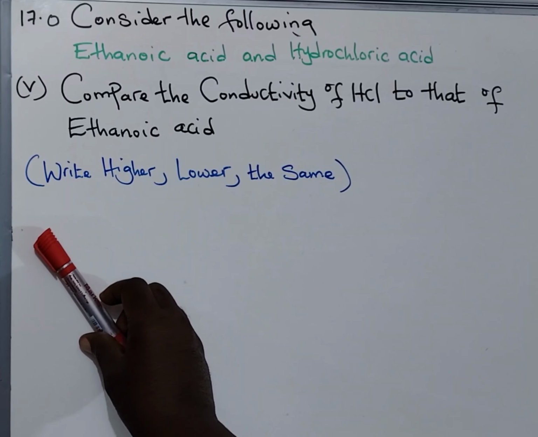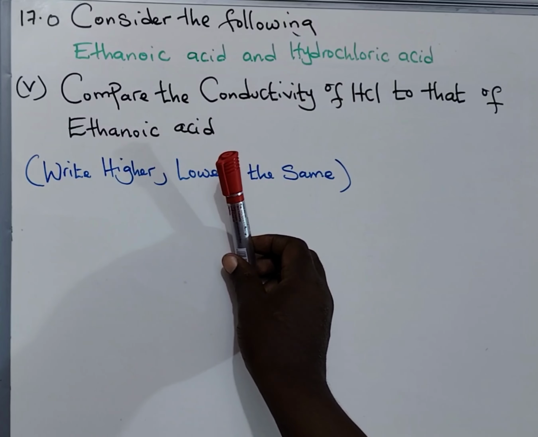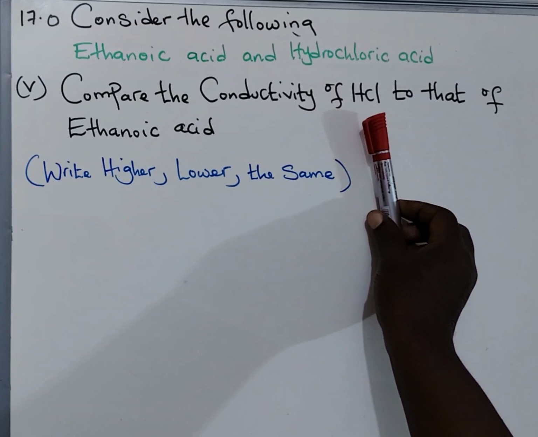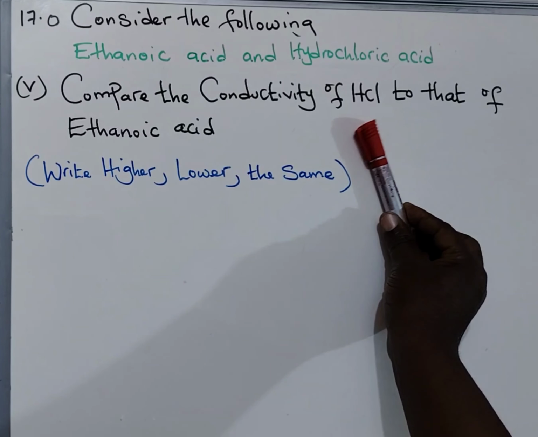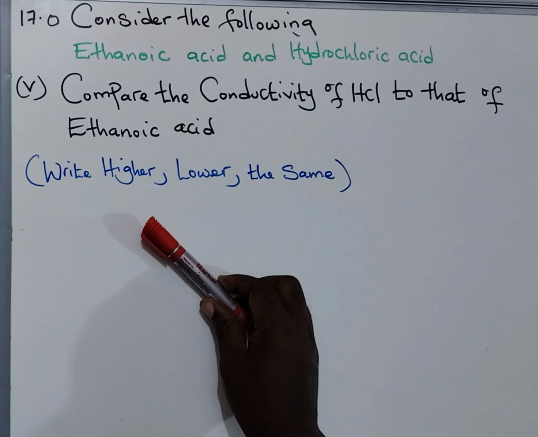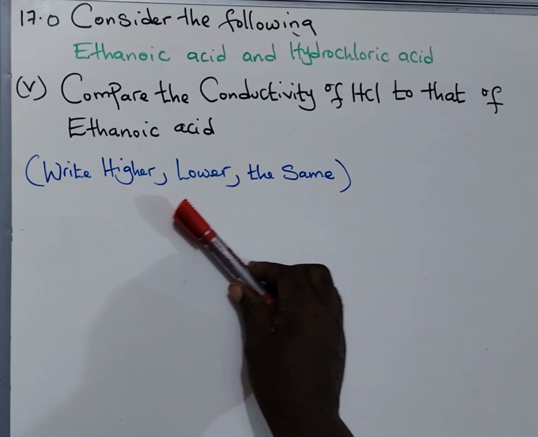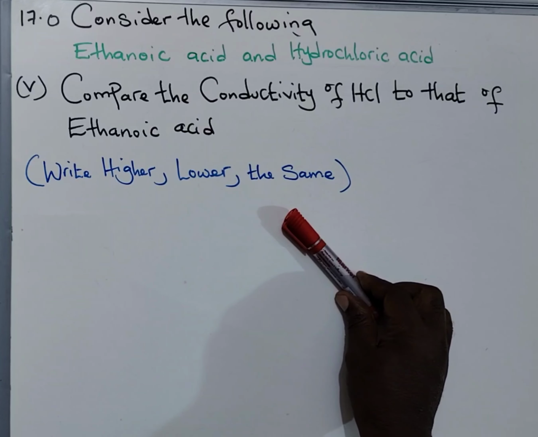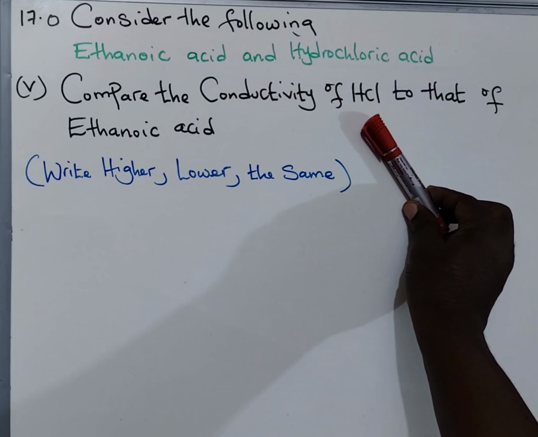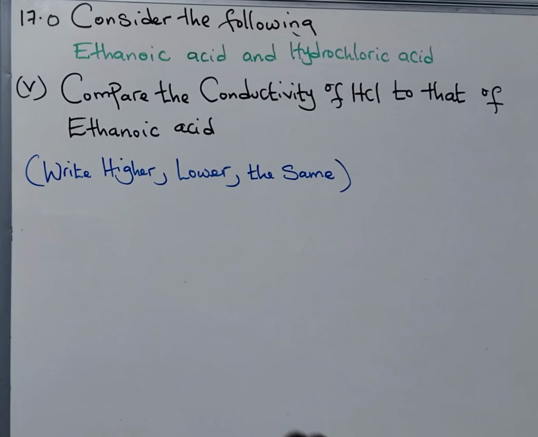Then comes this question. It says, compare the conductivity of HCl, hydrochloric acid, to that of ethanoic acid. Write higher, lower, or the same. We are comparing HCl to ethanoic acid. What's the answer?